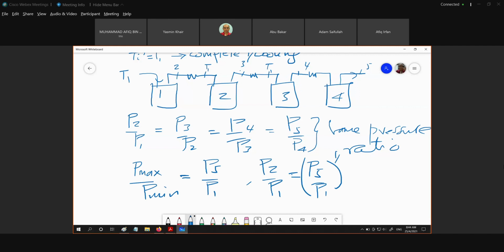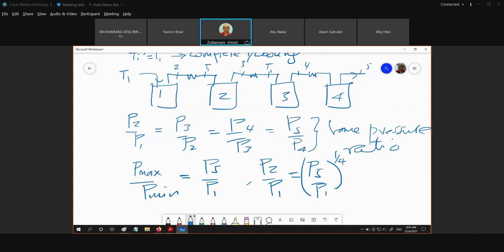Kalau 2 stage, 1/2. Kalau 3 stage, 1/3. Kalau ada 4 stages, 1/4.